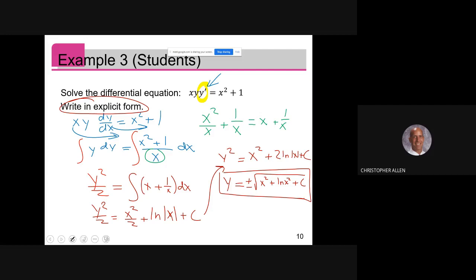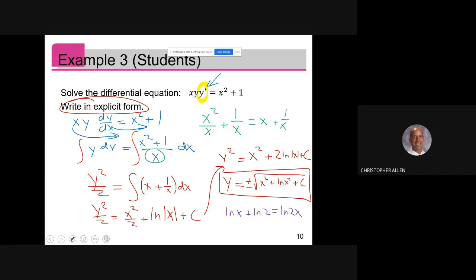Now, in case you're looking at my answer thinking, wow, Mr. Allen, that's really nice, except you screwed up the ln of x part. Did I? Just as a quick reminder from pre-calc, if you have the ln of x plus the ln of 2, that's the ln of 2x.